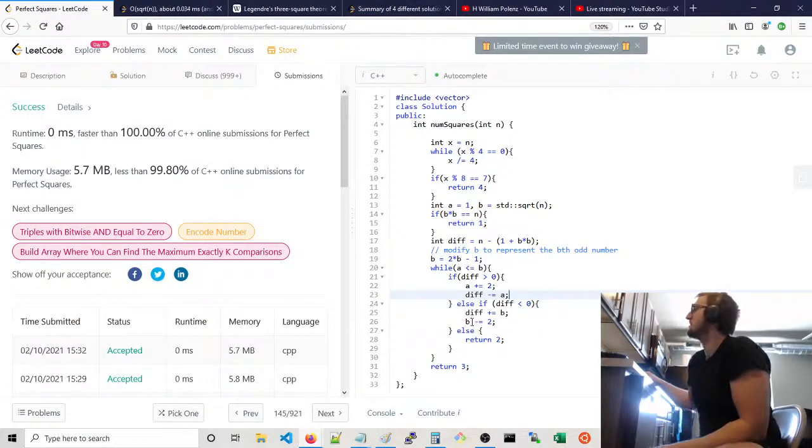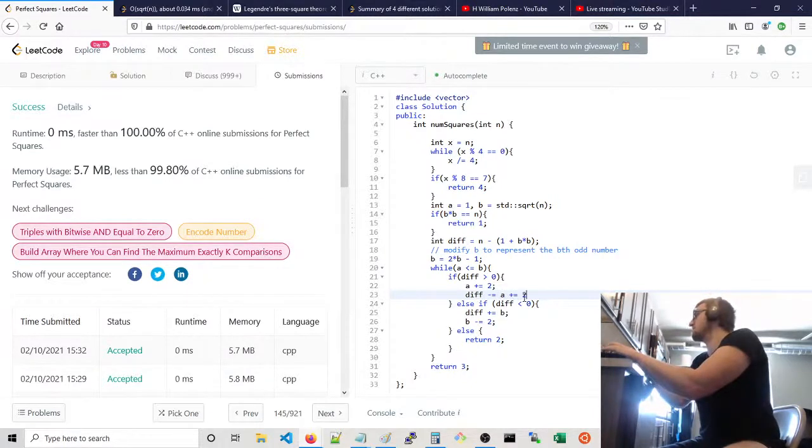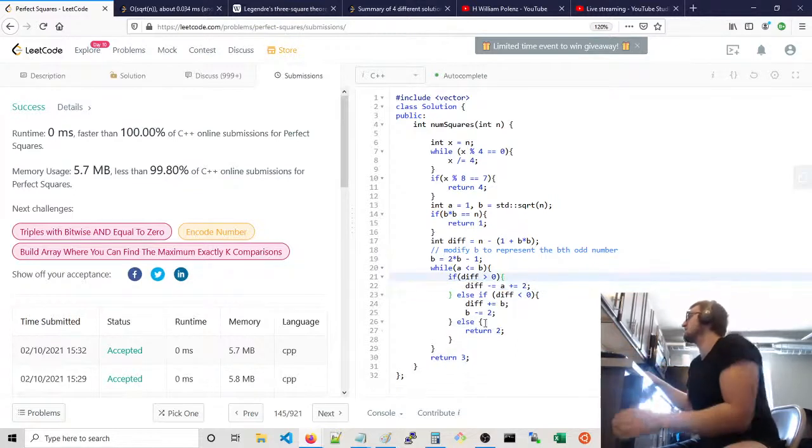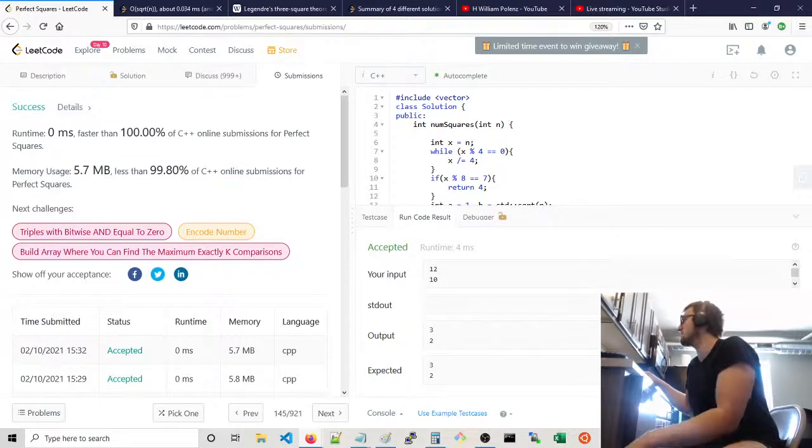Yeah, this one you could do this, but the order of operations, the other one has to be the other way around, yeah.